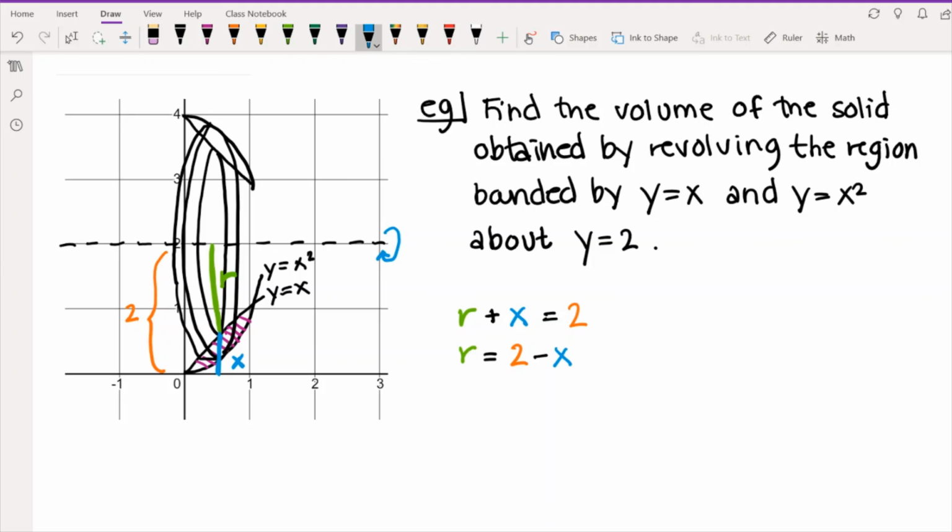Right? So we got the x because that came from the flat part here, but then that wasn't the radius, right? That gives us the blue height. The actual radius we're looking for is this green thing, and so we had to use this height of 2 and subtract out x in order to get what we were looking for.